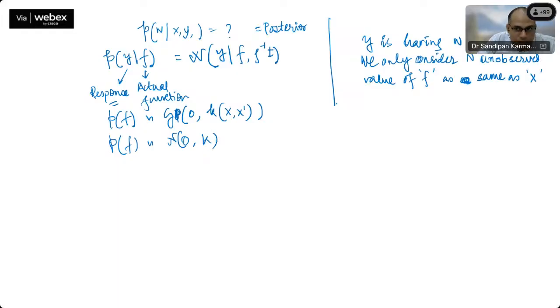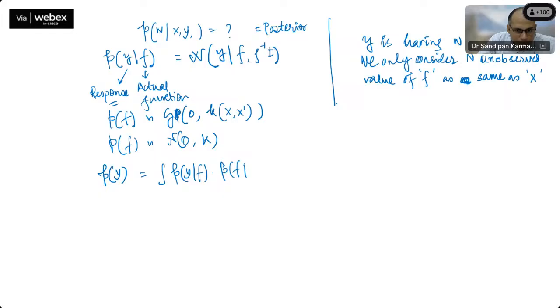And how this k is calculated we have already seen. So now p of y, that will be p of y given f multiplied by p of f, which is dependent upon the hyperparameters. If you want to give priors to those hyperparameters, then bring them, otherwise you don't.